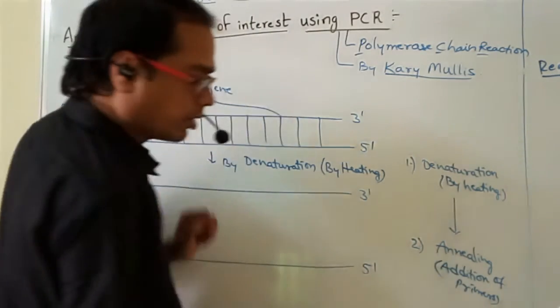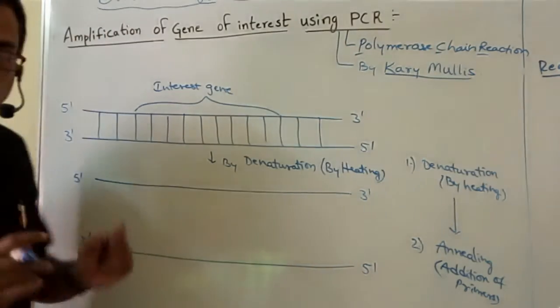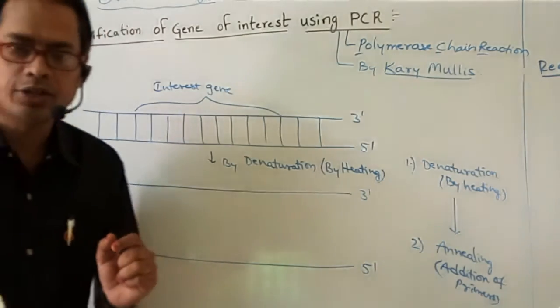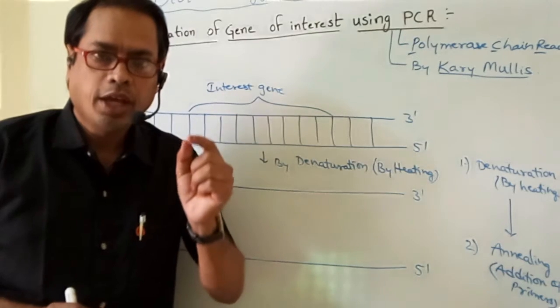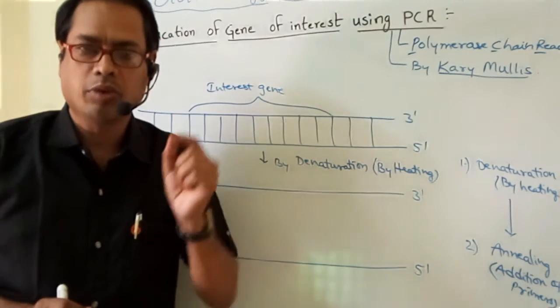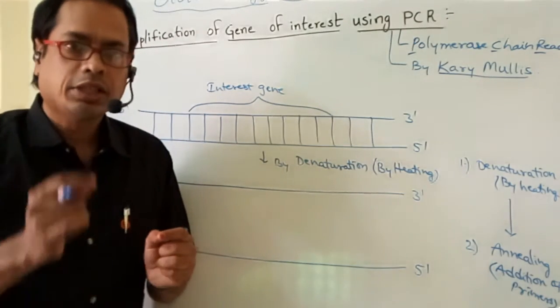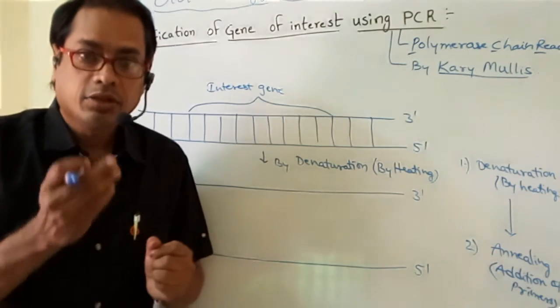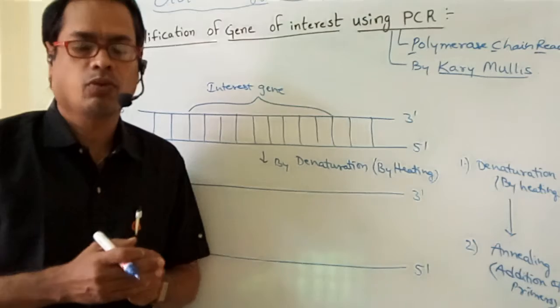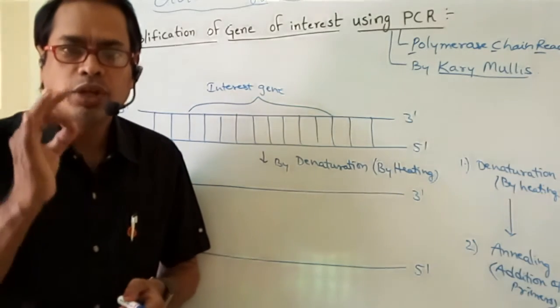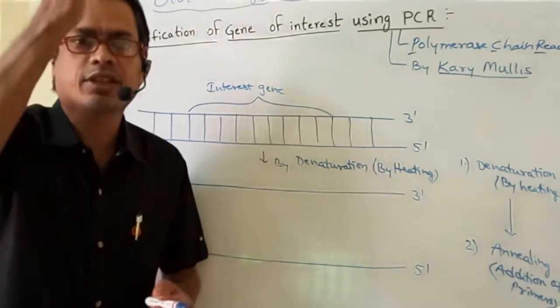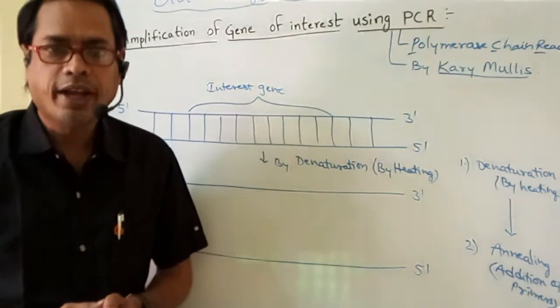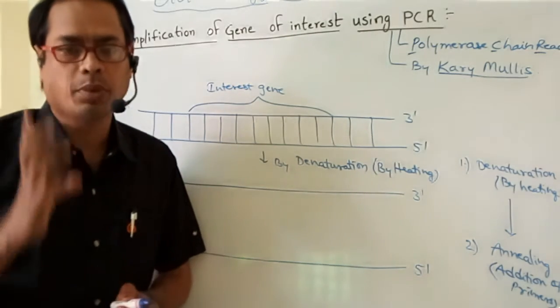One point you have to remember, my dear students. Where you have to add primers? At the 3' to 5' parental strand. Why? Because new DNA strand is always synthesized from 5 to 3 direction. This point you have to remember.